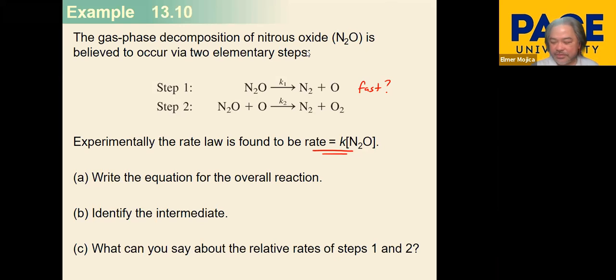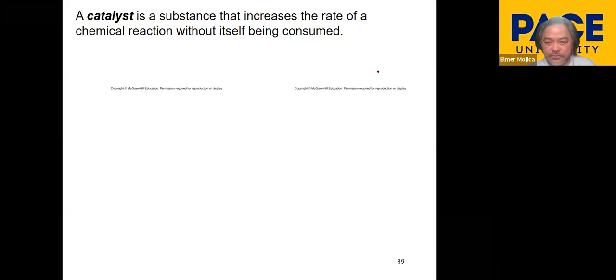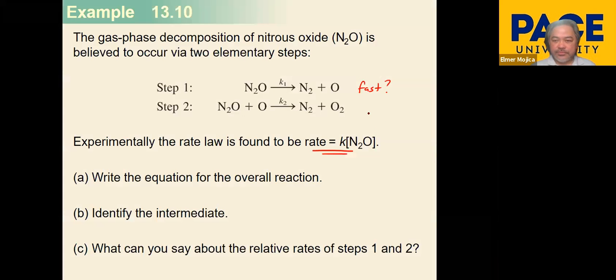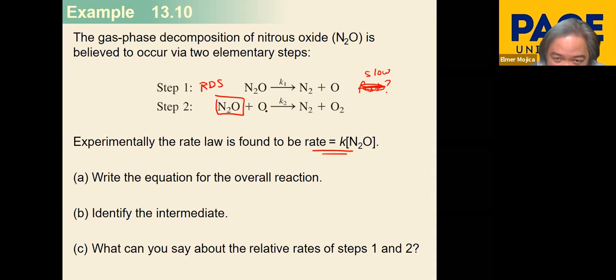You can only find N2O on that. So step 1 is the slow. You follow there? Because based on this one, this is your rate determining step. Why? I have N2O here and oxygen, but here I just have N2O, and the rate says it's just based on the N2O.